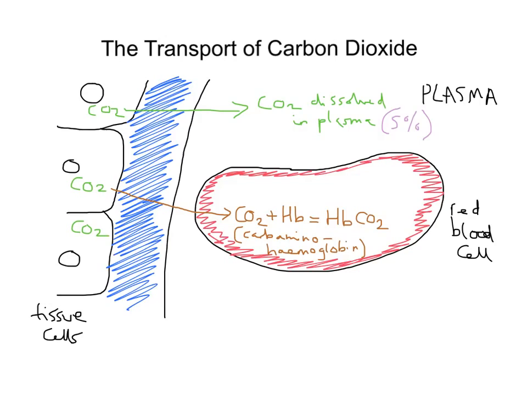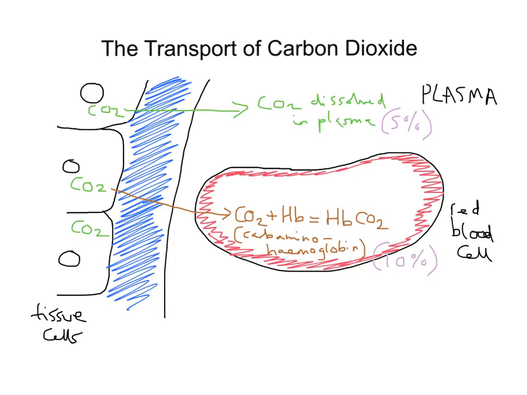And as I said, this process is reversed in the lungs. Now that accounts for roughly about 10% of the carbon dioxide that we've produced. So you can see 5% dissolves in the plasma, 10% passes into the red blood cell and binds with hemoglobin to form carbaminohaemoglobin.